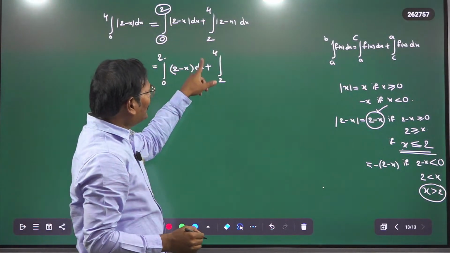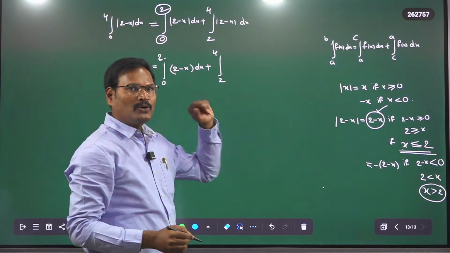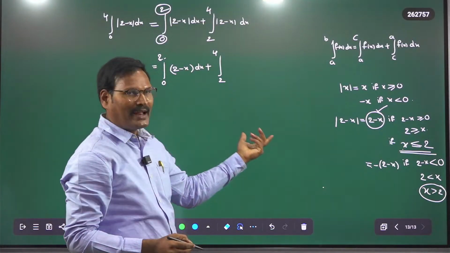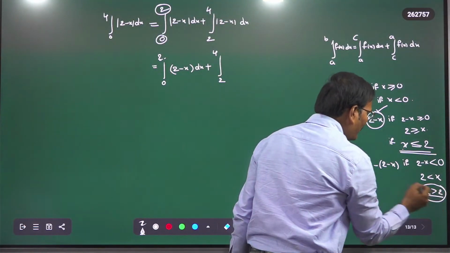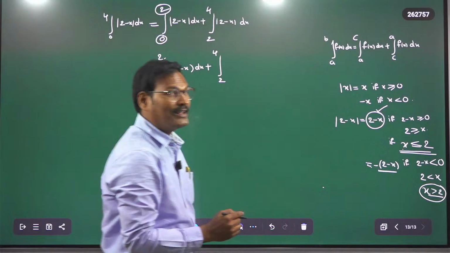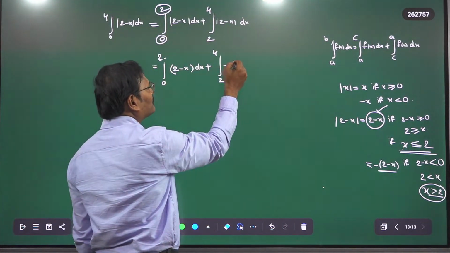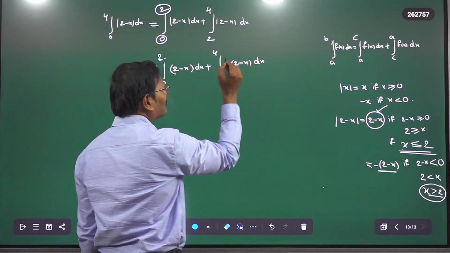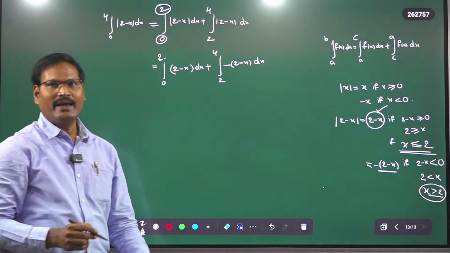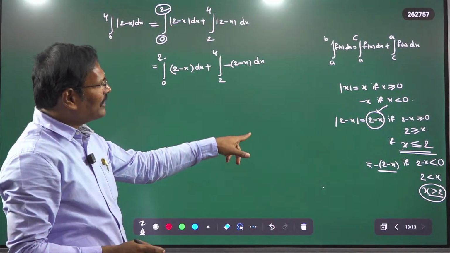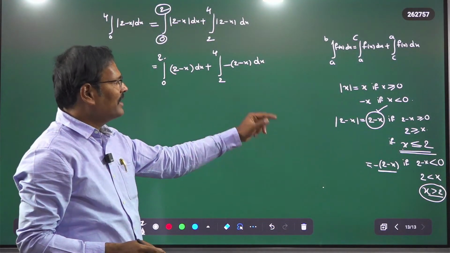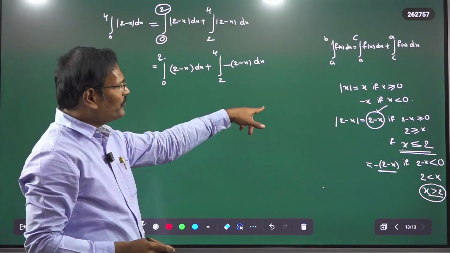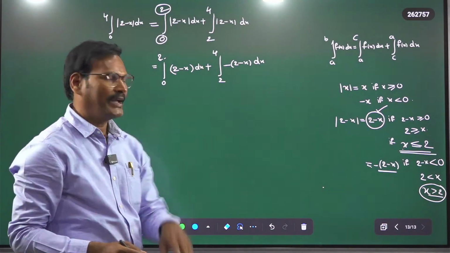Here the x value lies between 2 and 4, so that means greater than 2. So the function value is minus of 2 minus x. Minus of 2 minus x dx. Is it clear? If x is greater than 2, the function value becomes minus of 2 minus x. If x is less than 2, we take the function as 2 minus x.